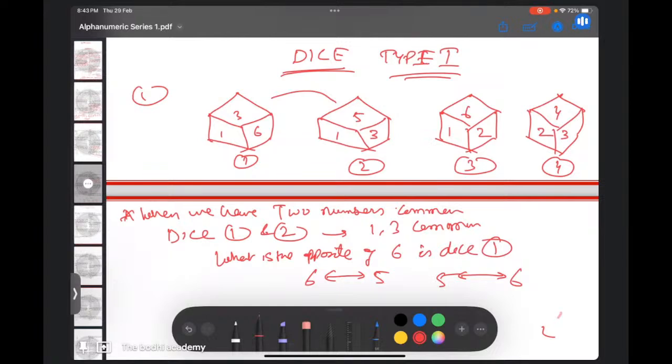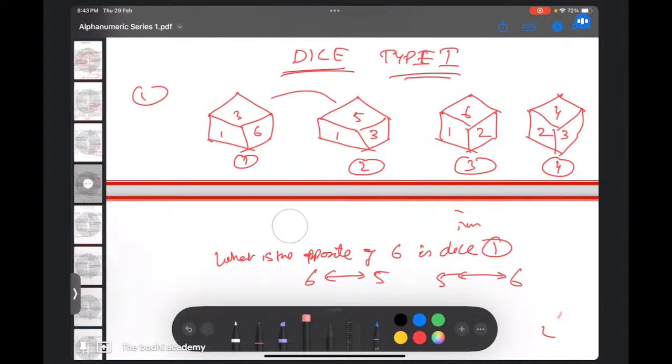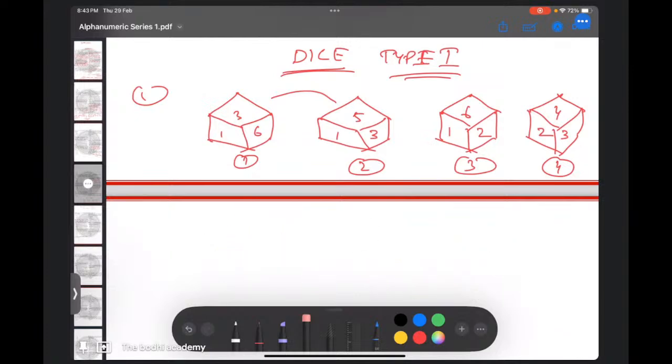Now, if we have the second type, means one more is there, when we have only one number common.